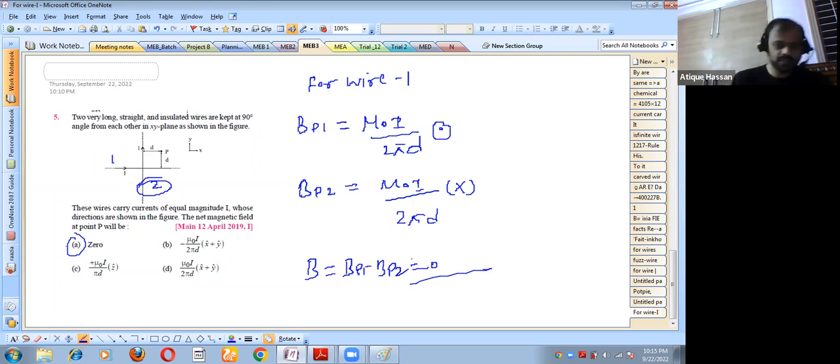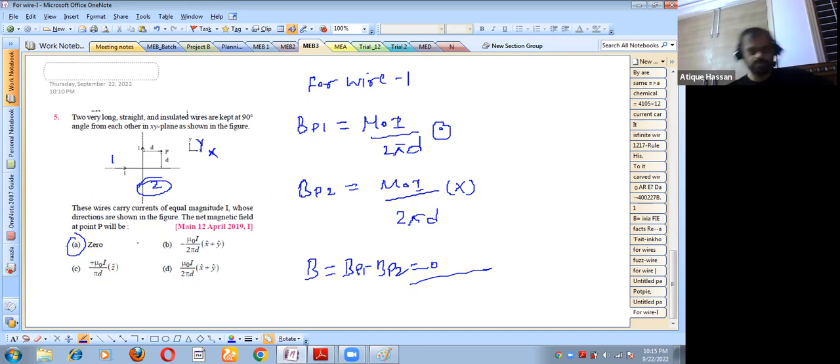Check again. You see here, one is coming out. There is no question of magnetic field along X or Y, right? And one is going inside.